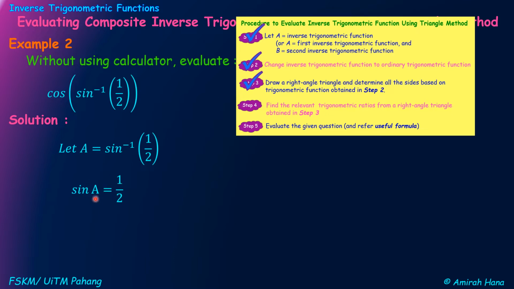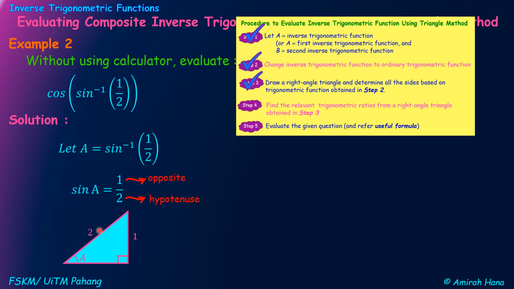Based on sine A equals half, we can draw a right angle triangle with angle A here. From sine A equals half, 1 means opposite, so we can write 1 here. And 2 means hypotenuse, because sine equals opposite over hypotenuse, so we put 2 here.